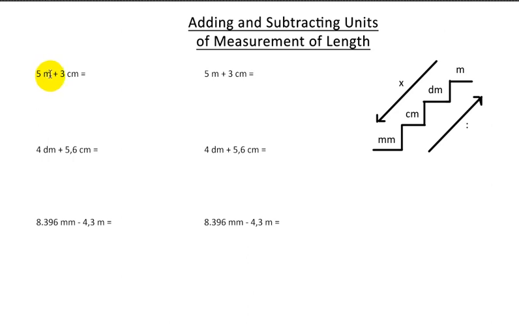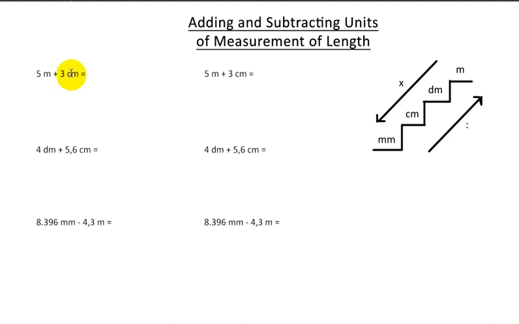So, firstly, I need to choose which of these I'm going to change into the other. Am I going to change 5 meters into centimeters, or am I going to change 3 centimeters into meters? Now, this doesn't really matter because the value of the answer that you're going to get does not change based on what you chose in the beginning.